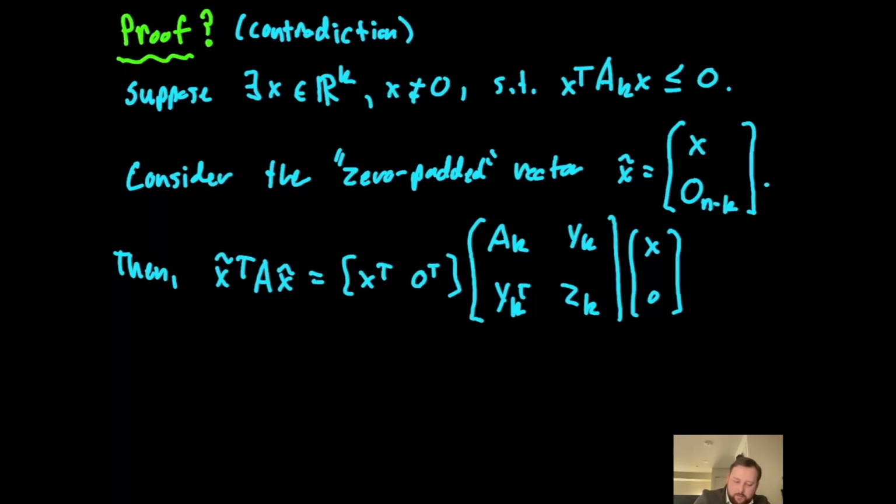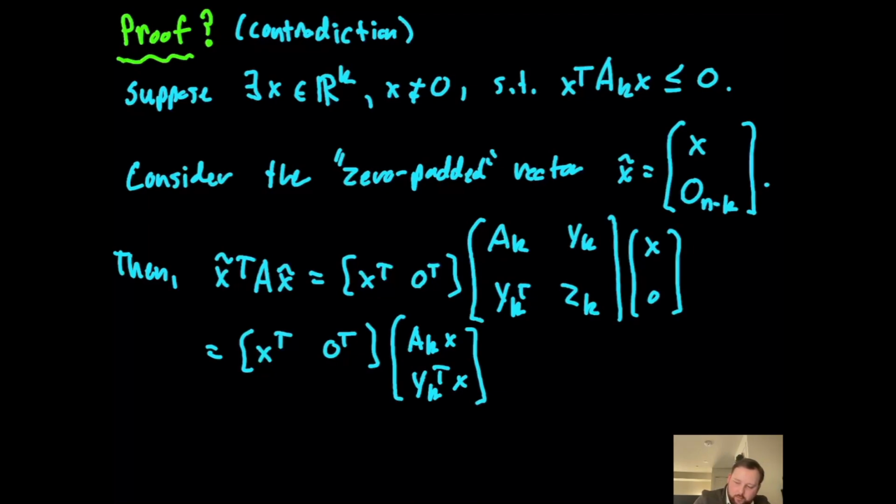All right, and then what happens is that we can see that this is equal to x transpose 0 transpose. We just multiply out that first matrix vector product, and we're going to get AK x followed by YK transpose x.